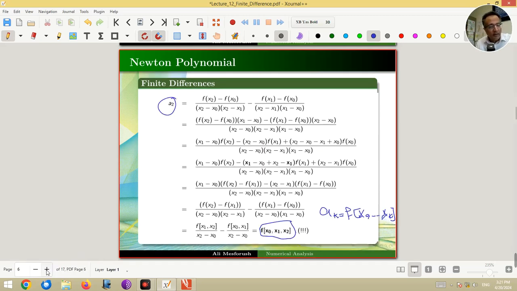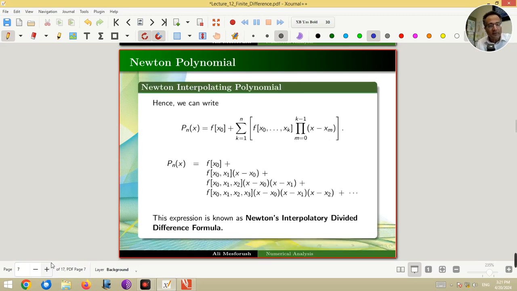Okay, now if you consider the Newton interpolating polynomial, you can write P_n(x) in the form f of x0 plus the sum for k equal to 1 to n of f of x0 to xk times the product for m equal to 0 to k minus 1 of (x minus x_m).